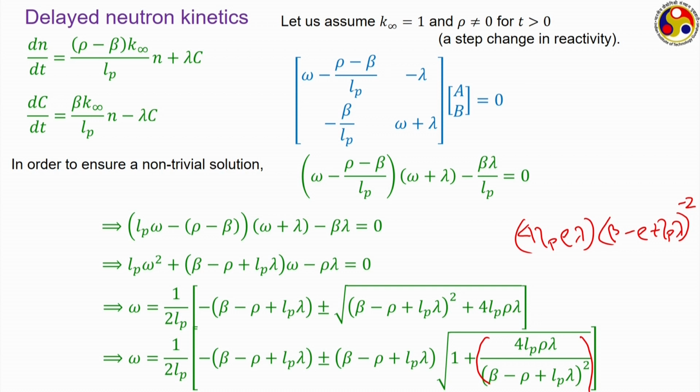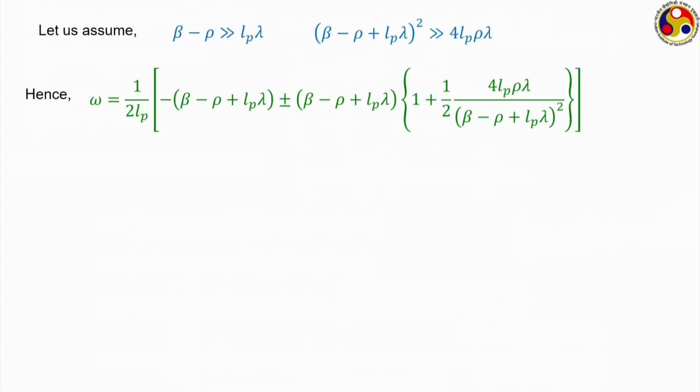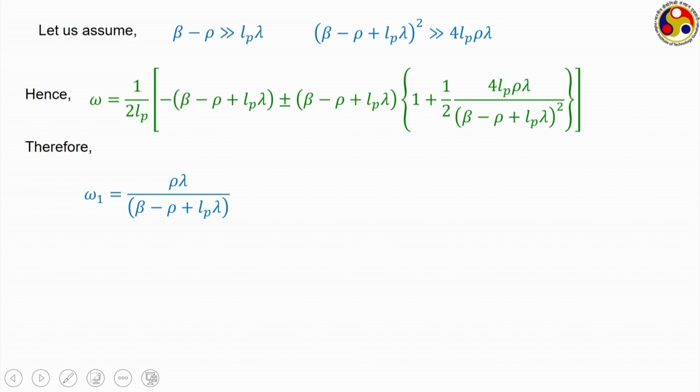Then we expand this one, as LP lambda is significantly smaller compared to the first term, and we have an expansion of this particular form. Then we can have two roots from this, one corresponding to the positive sign and one corresponding to the negative sign.